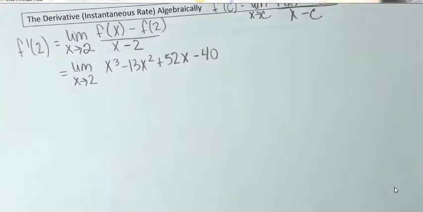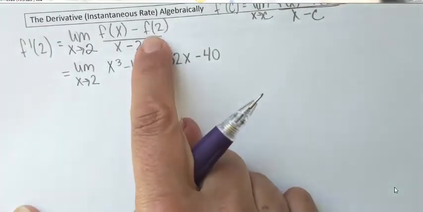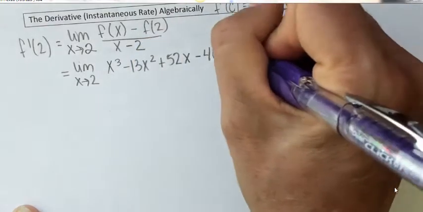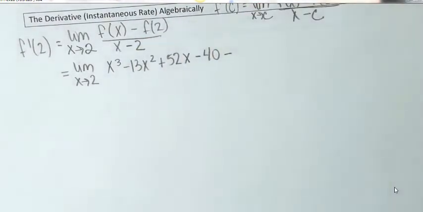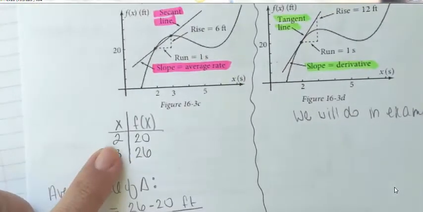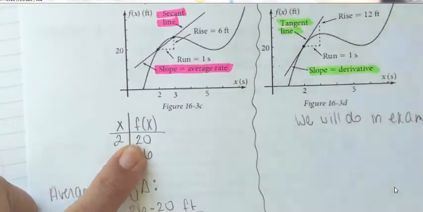That's basically the displacement function for the bird. And then from that, I have to subtract f of 2. Well, f of 2, we've done that. We did that right here. F of 2 is 20.